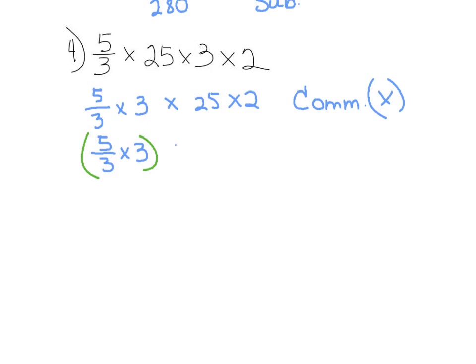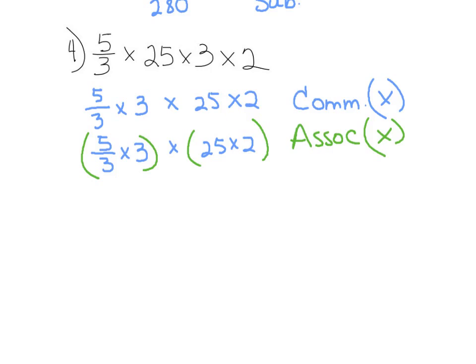And then I would also like to be able to group the 25 times 2. So we know that to introduce parentheses or to change parentheses, we use the associative property, in this case of multiplication.